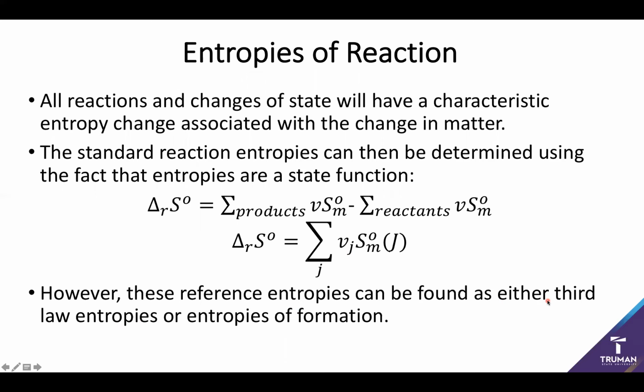However, there's also another very common entropy term that you may find in certain reference texts, which is called the entropies of formation. These are essentially the analogs of our enthalpies of formation, where this is going to be the entropy to form 1 mole of product from its elements in their most stable state.